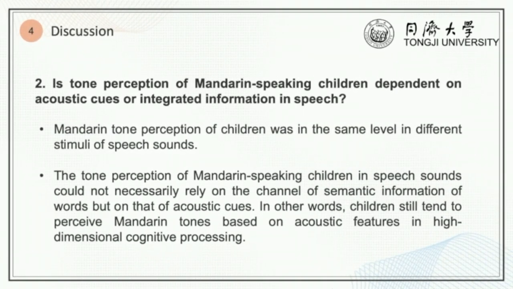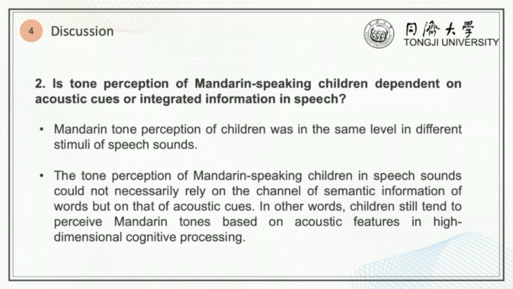The previous result seemed to turn out that the semantic information of words would hinder children's perception of tones. However, real words and pseudo words in the pitch highlighted task showed no significant differences, meaning that the Mandarin tone perception of children was at the same level in different stimuli of speech sounds.